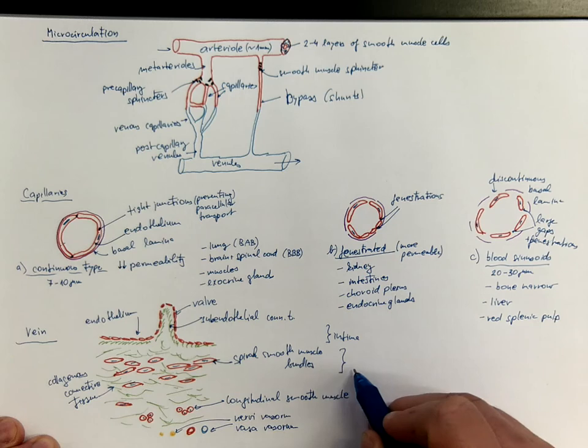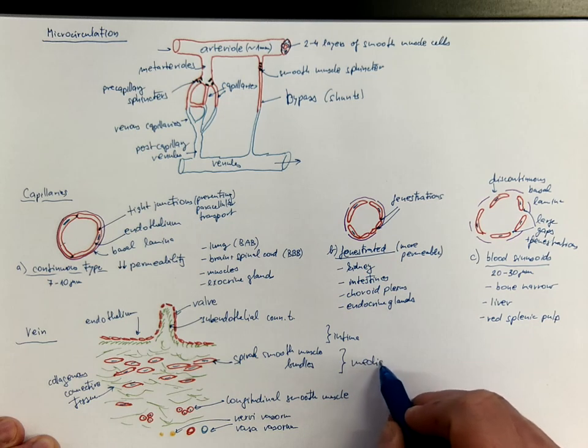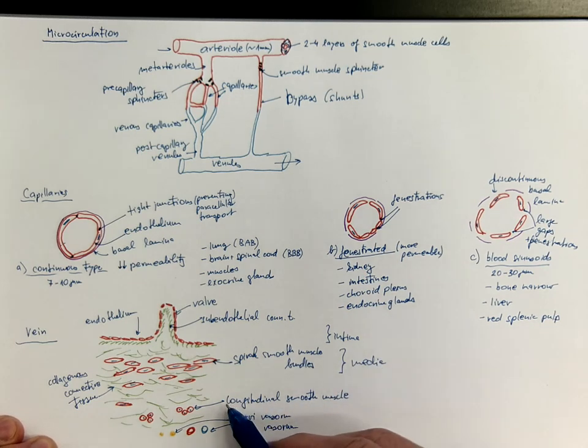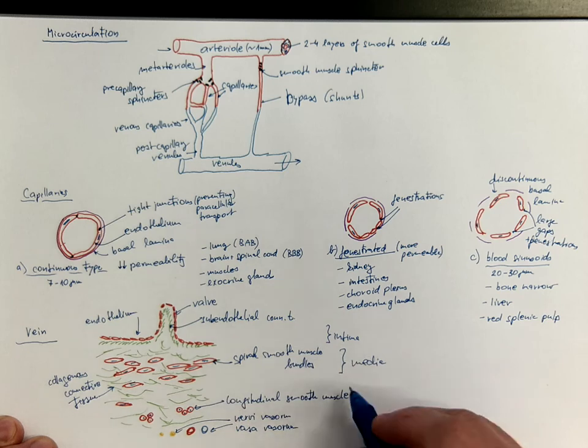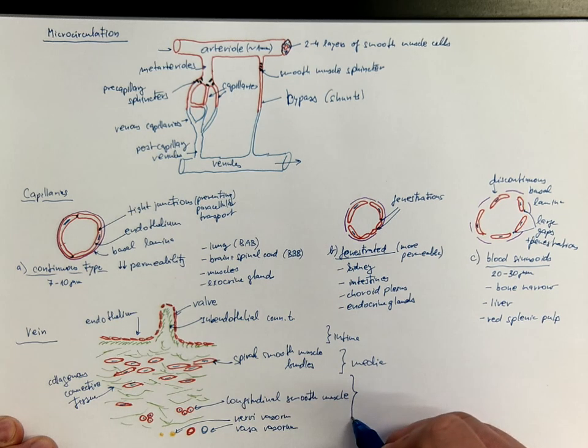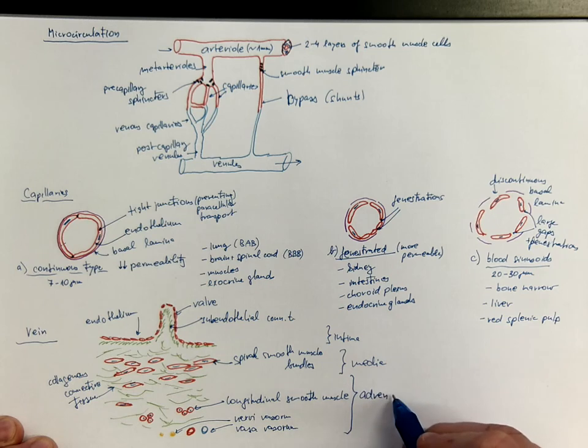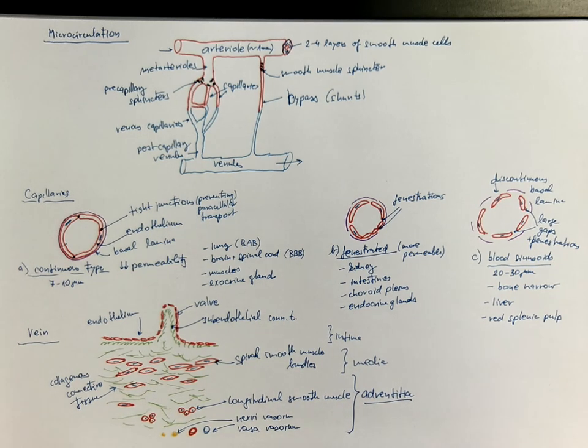the media. The transition between the media and adventitia is sometimes not well expressed, and the thickest layer in veins is usually the adventitia, not the media like in arteries.